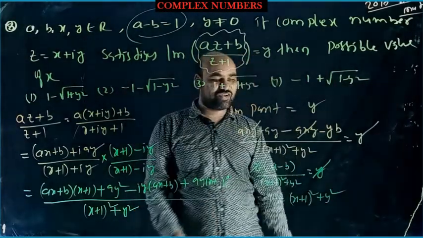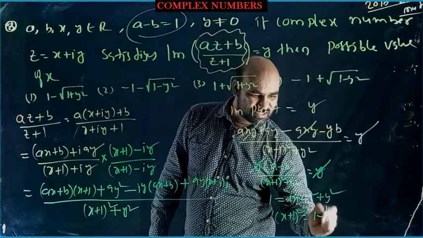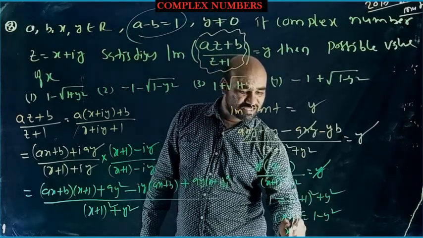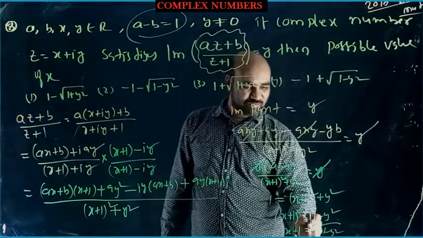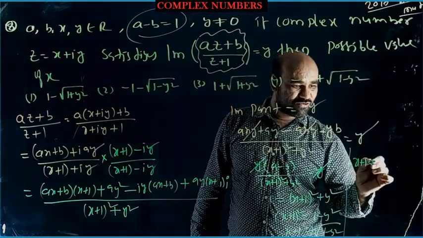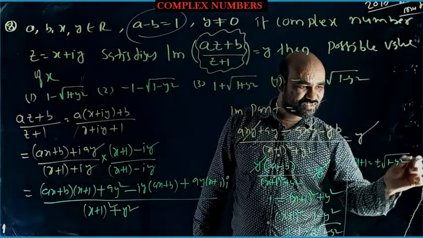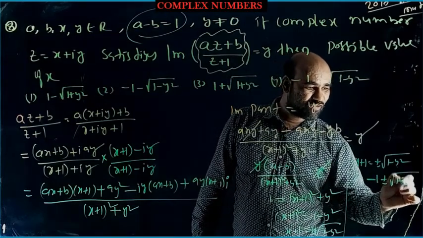In terms of y, (x plus 1) whole square equals 1 minus y square, so x plus 1 equals plus or minus root over 1 minus y square, or x equals minus 1 plus or minus root over 1 minus y square.